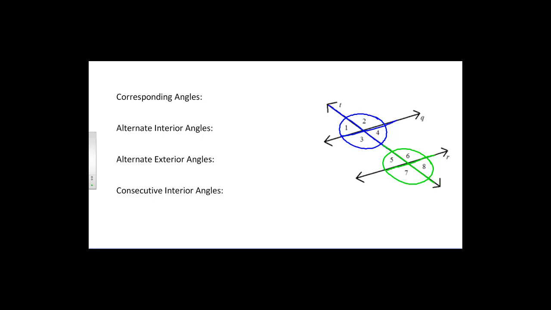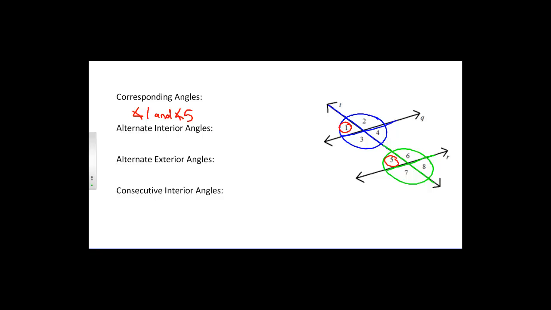The corresponding angles are going to give you one angle from each one of those groups, and they'll be the ones in the same or corresponding locations. Angle 1 and angle 5 are both in the left-hand upper side of their groupings. Since they're in the same locations, they are corresponding angles. There are three other sets here.